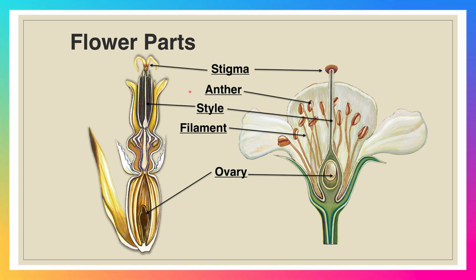You can't really see the anther in this flower as well. It's in this area, but you can't see it very well. And then the style is down in this area, until it reaches the ovary down here. The petals are the colorful parts of the flower that attract the insects. The sepals are these leaf-like structures that protect the flower and the petals.